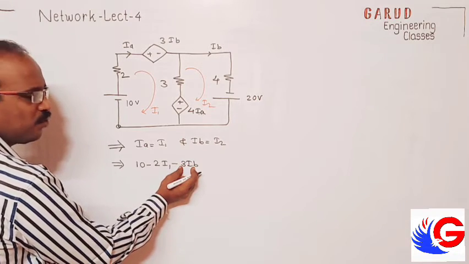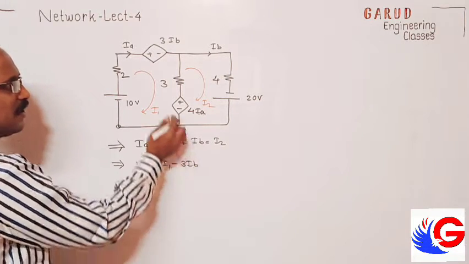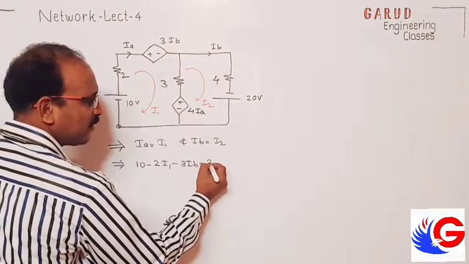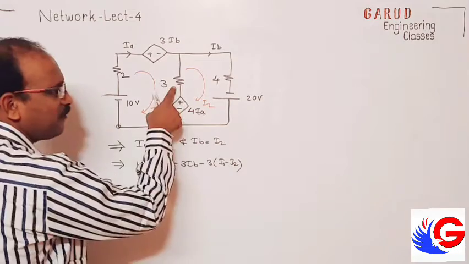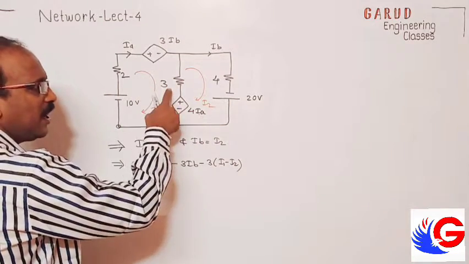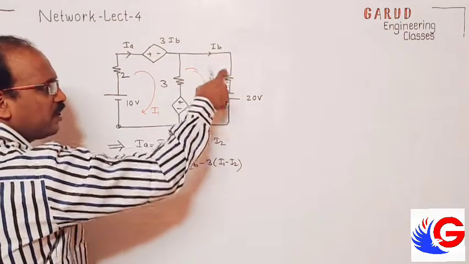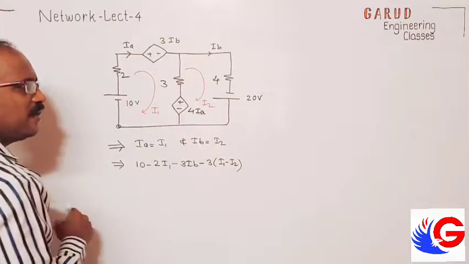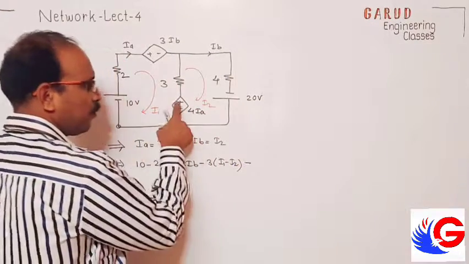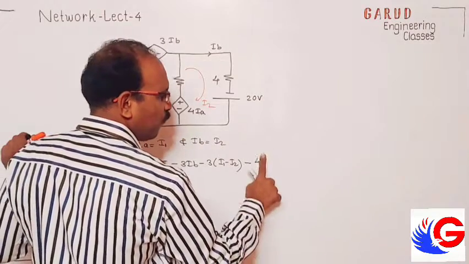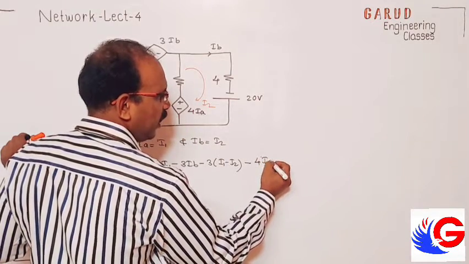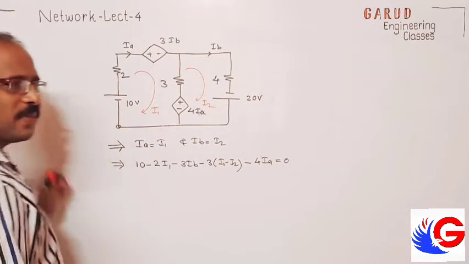Don't think more on this. Here, minus 3 times I1 minus I2. When we write for this, that time I1 minus I2. When we write for this, that time I2 minus I1. Okay. Positive, negative, minus. Mention the voltage source. 4IA equals to 0.